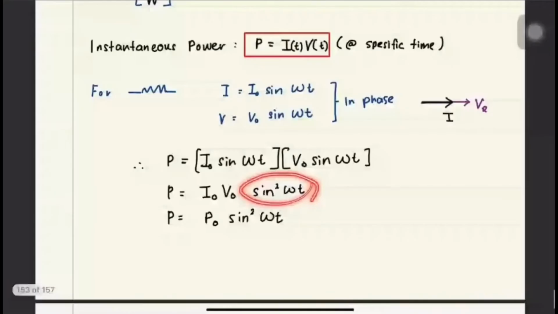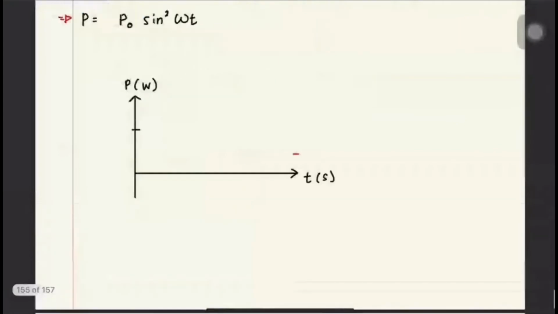Okay, this one I can represent in terms of a graph. Originally it is I naught V naught.